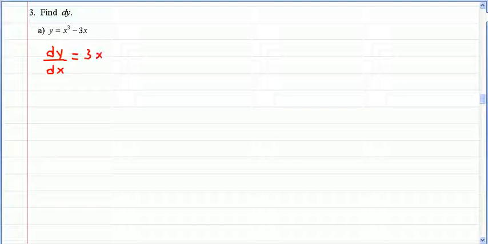And we have 3x squared minus 3. And since we just want to find dy, I'm going to multiply both sides by dx so that the dx's cancel, and I'm left with dy equals 3x squared minus 3 times dx.